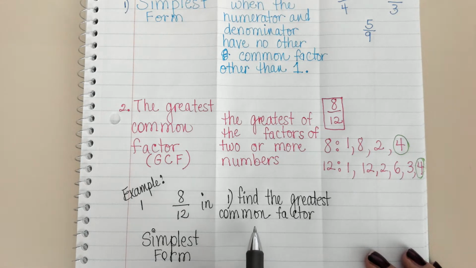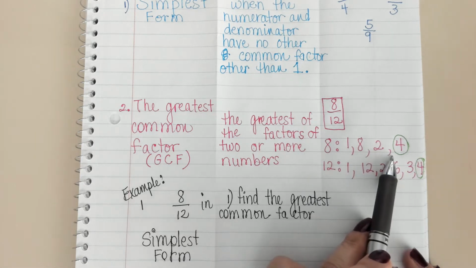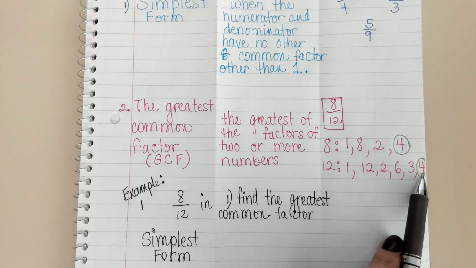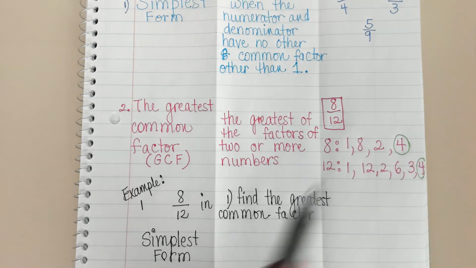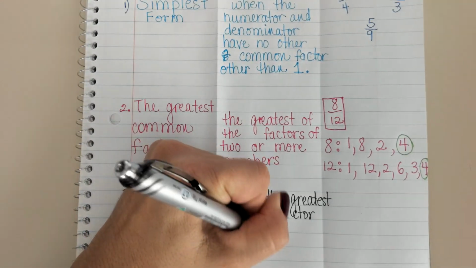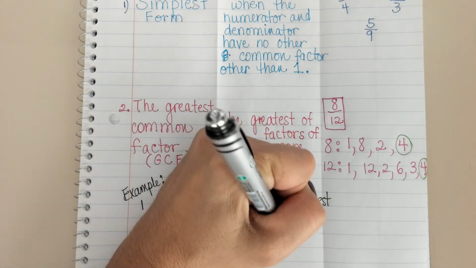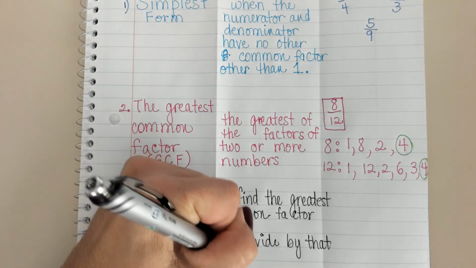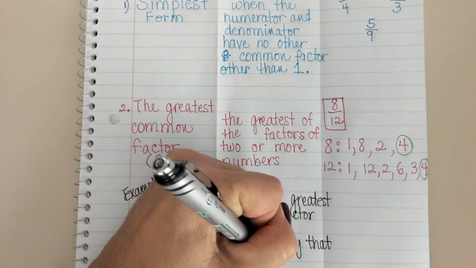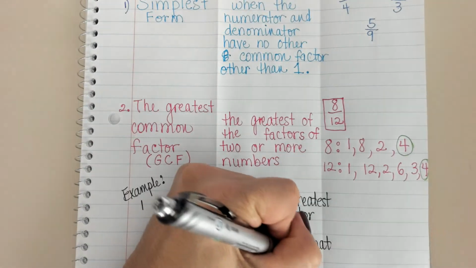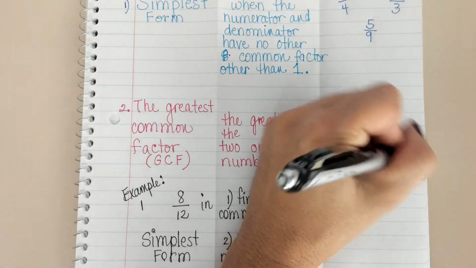And we actually already did that. We listed the factors. We found that the greatest factor that 8 and 12 have in common is 4. The next step is to divide by that number, the GCF, the greatest common factor. That would be 4.